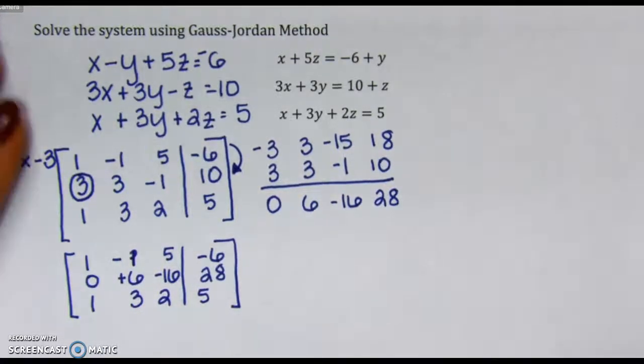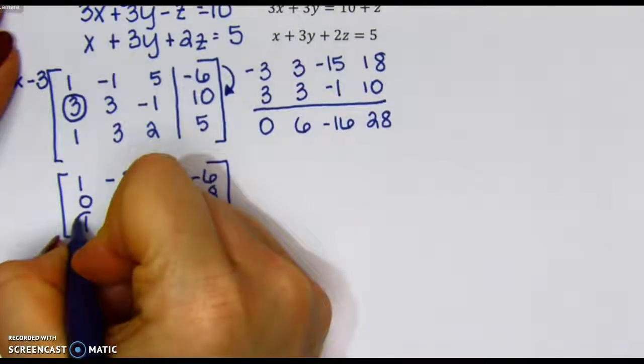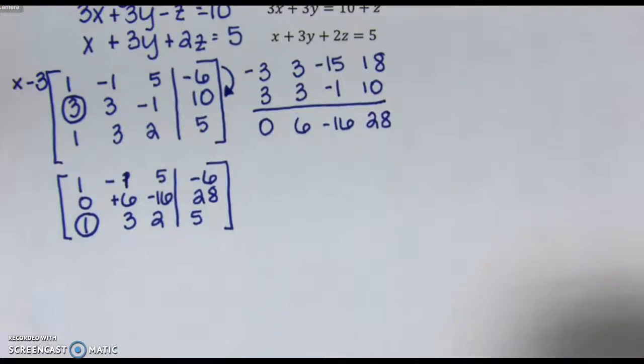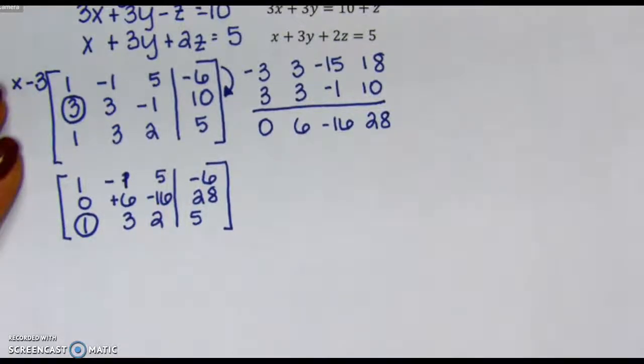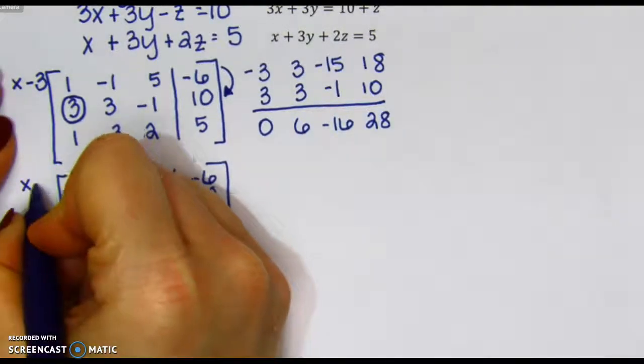My next target is to try and get this 1 to be a 0. Again, if I look at my top value, it's already a +1, so I could multiply either the top or the bottom by -1.